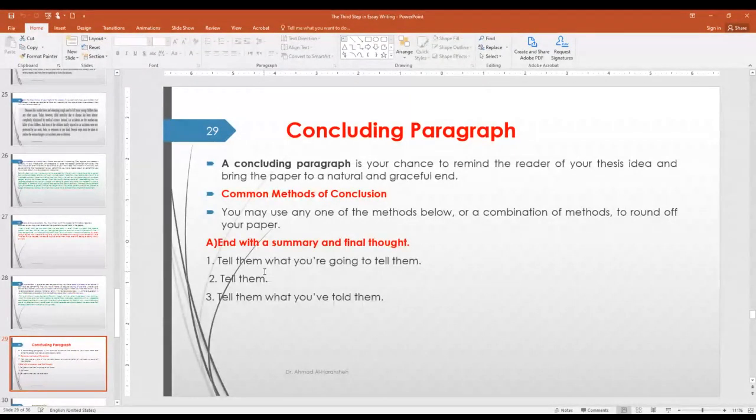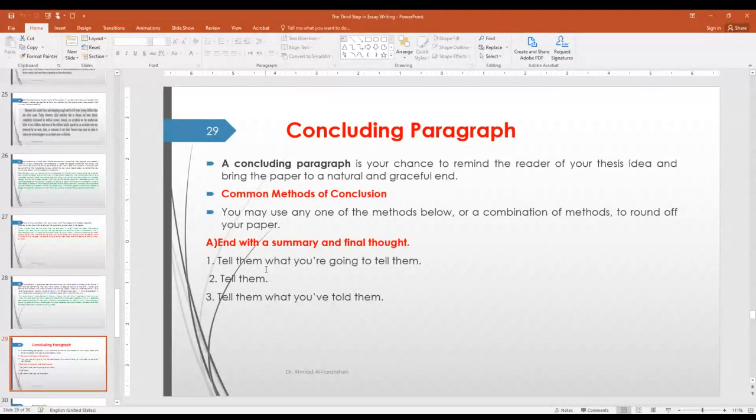A concluding paragraph is your chance to remind the reader of your thesis idea and bring the paper to a natural and graceful end. It will be a kind of summary.